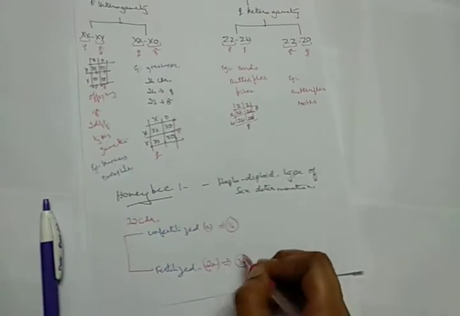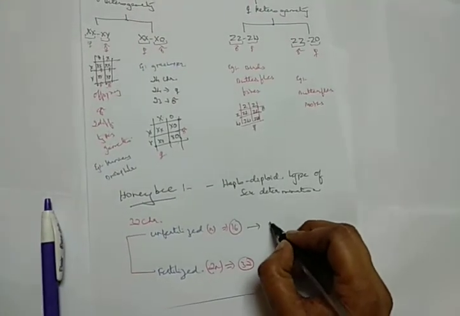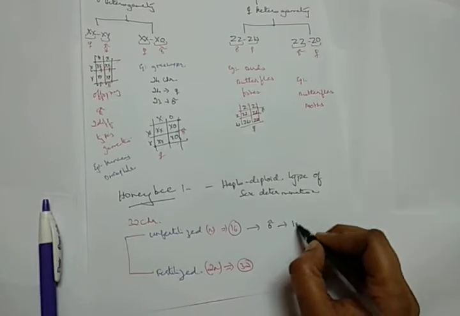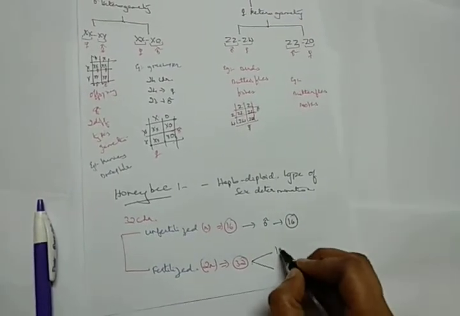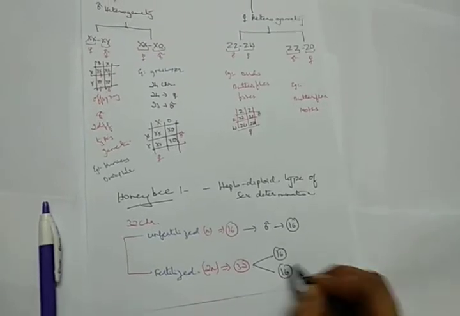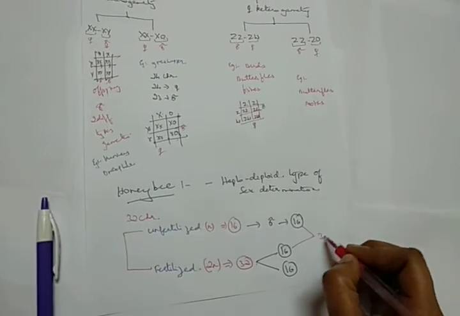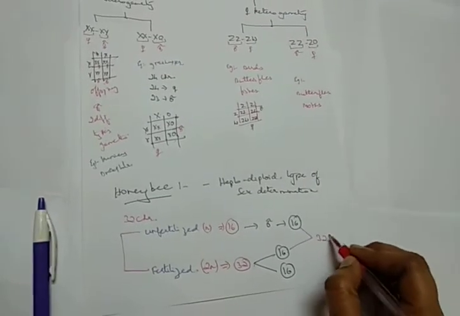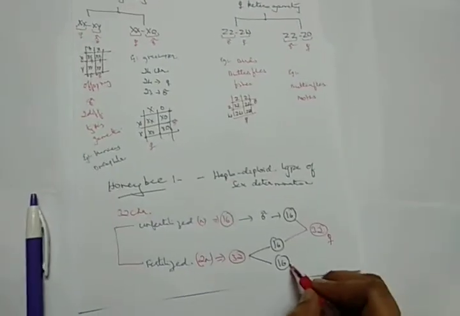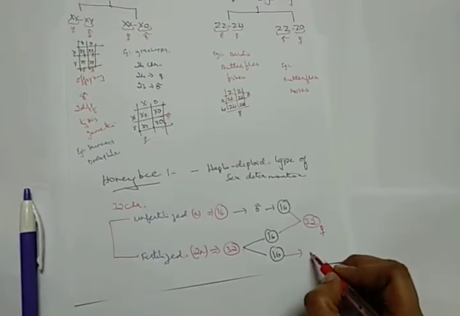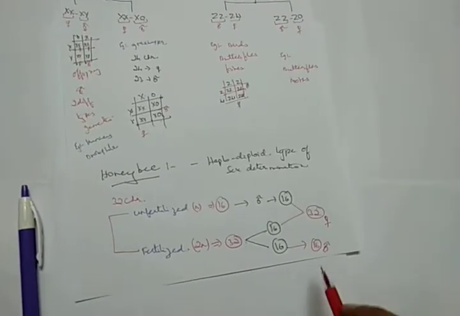So when this develops into a male, it is going to give 16 chromosomes. This one is going to divide into 16 and 16. When these two are crossed, you are going to get the diploid form, 32 chromosomes, and that is going to develop into a female. And this one again, it will be only 16 and that is going to develop into the male.